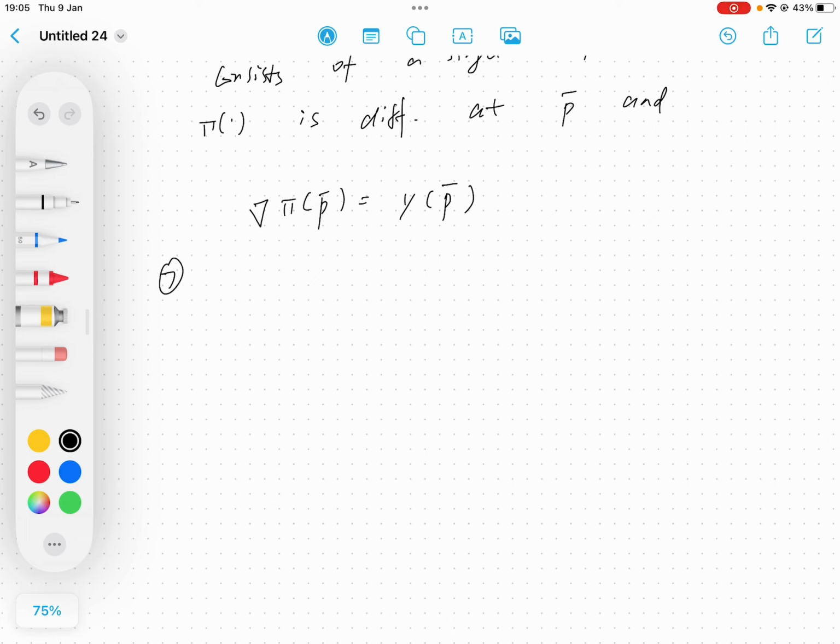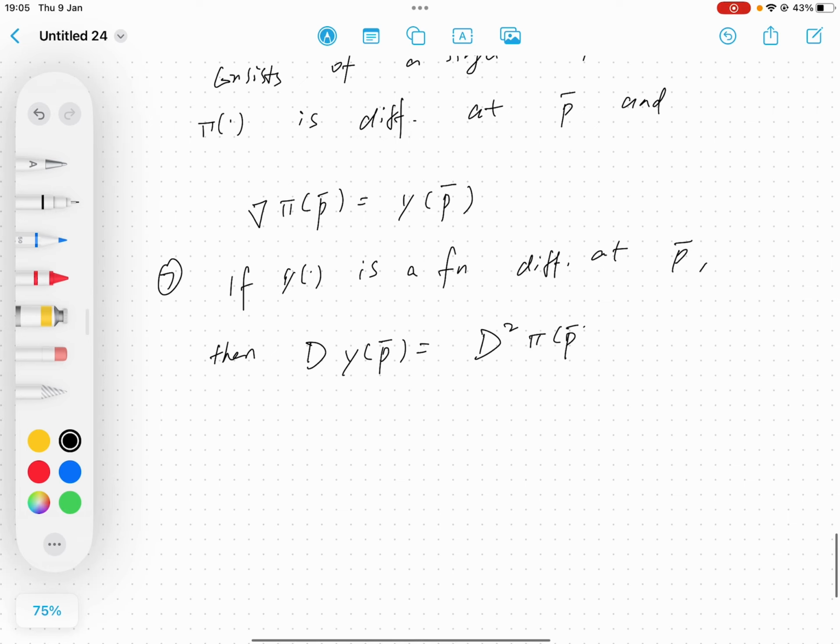Number 7 is that if little y is a function differentiable at p bar, then the total differentiation of y(p bar) is exactly the twice differentiation of pi at p bar.